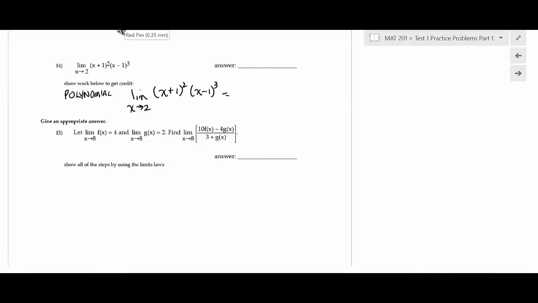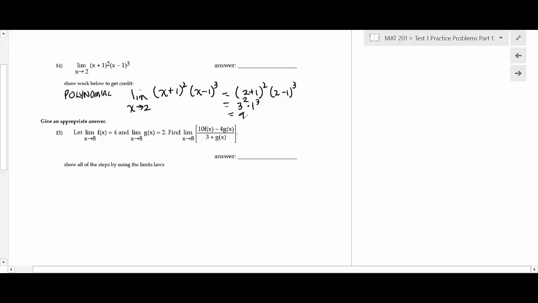That evaluates to (2 plus 1) squared times (2 minus 1) to the third. So that will be 3 squared times 1 cubed, which is 9 times 1, equal to 9. Real simple arithmetic problem. You don't want to be missing problems like that.